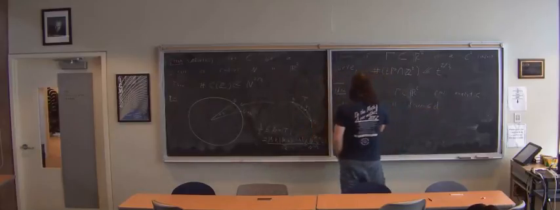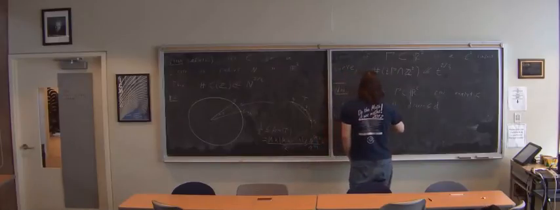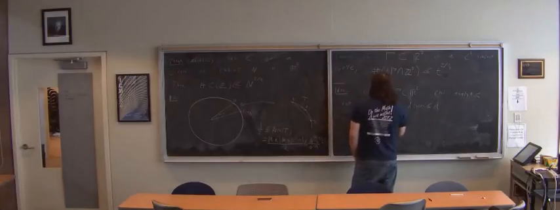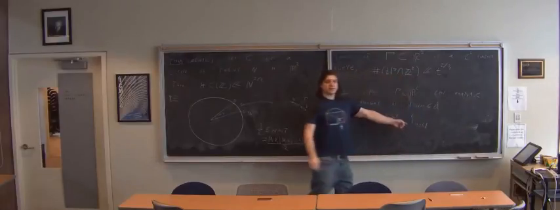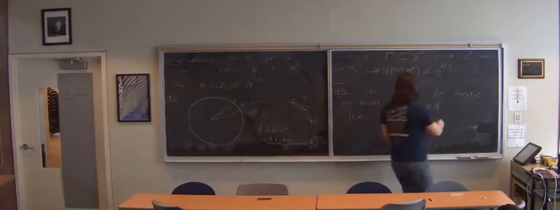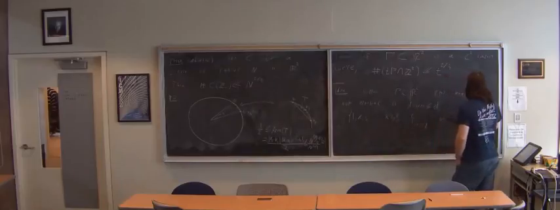So what does it mean? That means that the monomials x, y, ..., x to the i, y to the j, the monomials of degree at most d, are independent on gamma.